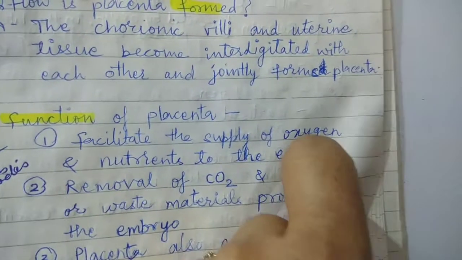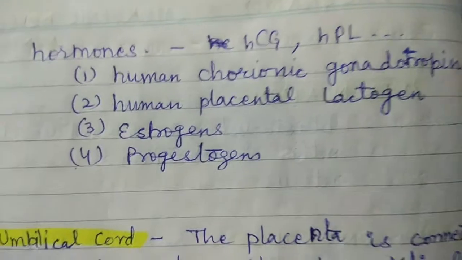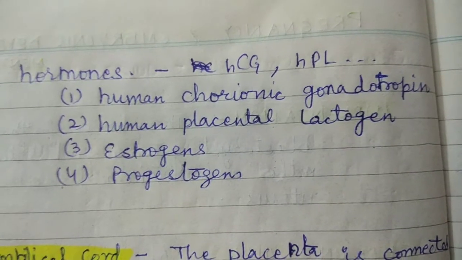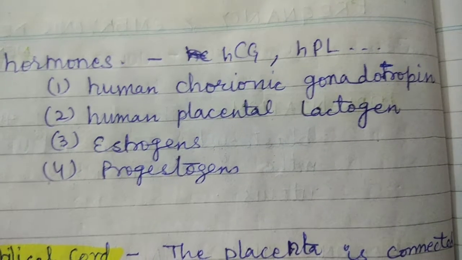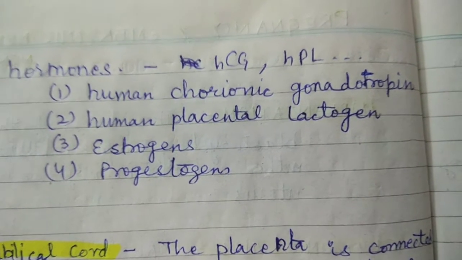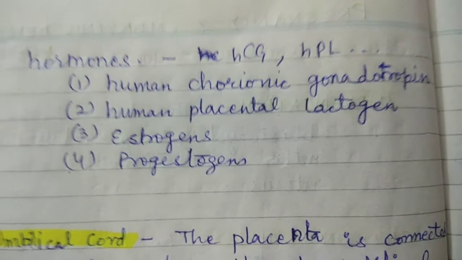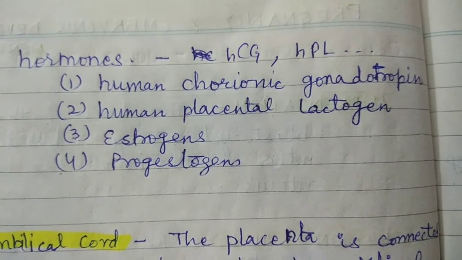Let's see which hormones are produced. Hormones produced by the placenta are HCG, HPL, estrogens, progesterones. Human chorionic gonadotropin, human placental lactogen, estrogens and progesterones.